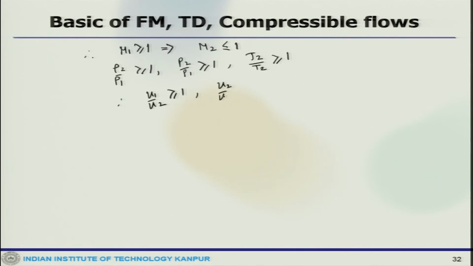So, U2 by U1 is less than or equal to 1. Which clearly means pressure, density and temperature increase across the shock wave, and velocity and Mach number decrease across the shock wave. Okay. So, that is what happens when you have a normal shock.